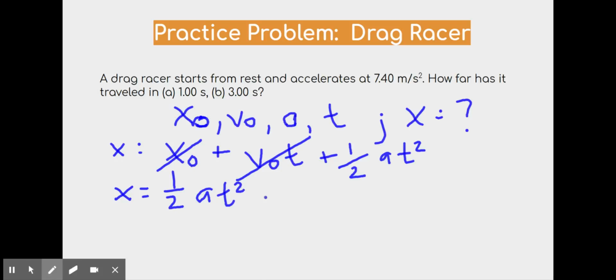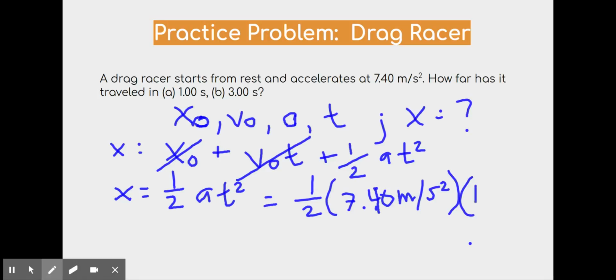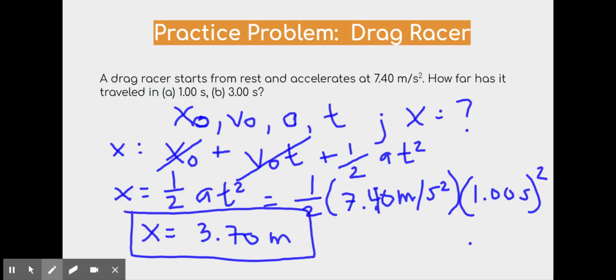When you plug in that information, you find 4 meters per second squared. And our t is, nice and easy, 1 squared. So in this case, our final position is going to be 3.70 meters. Okay, now y'all try part B and hit play when you're ready.